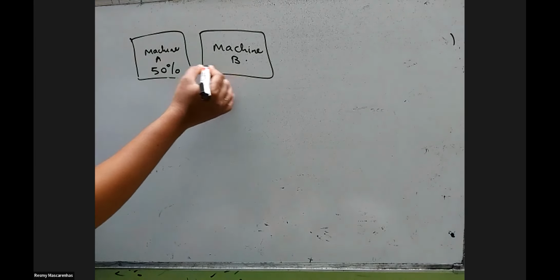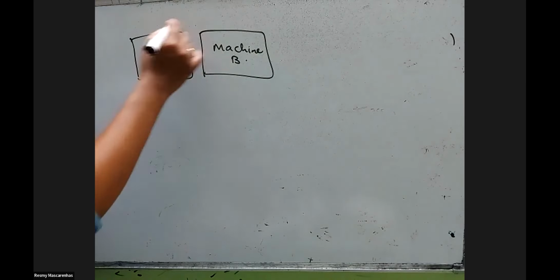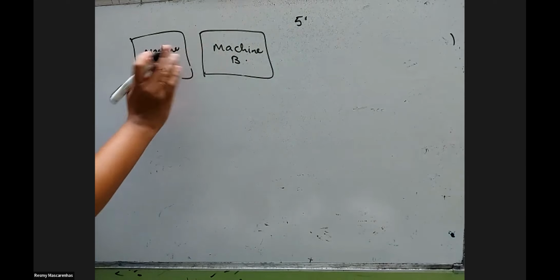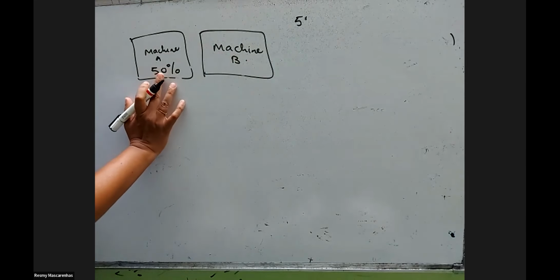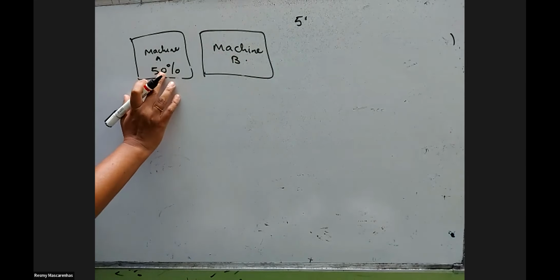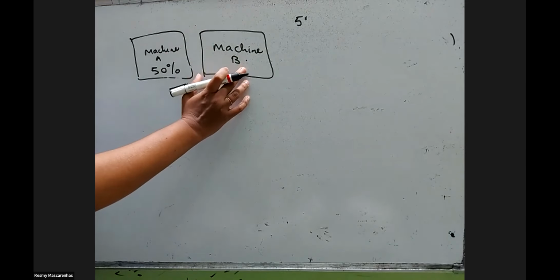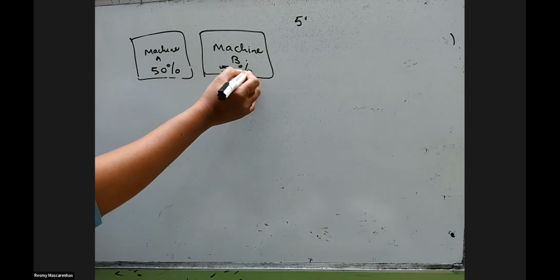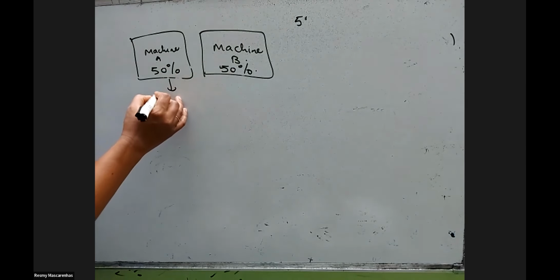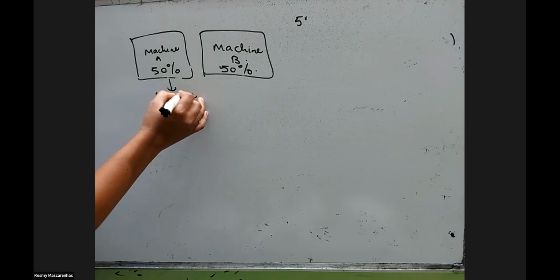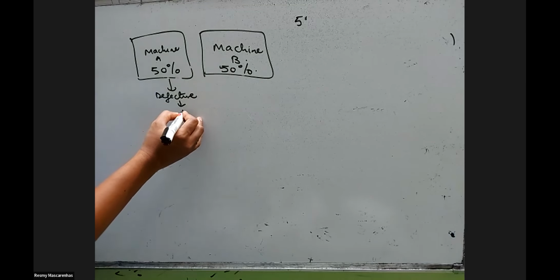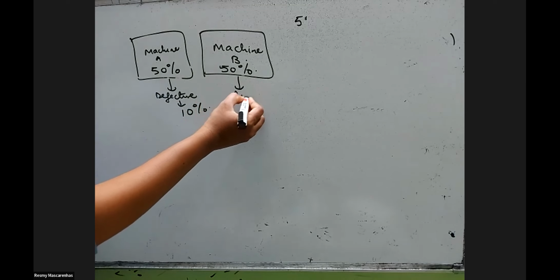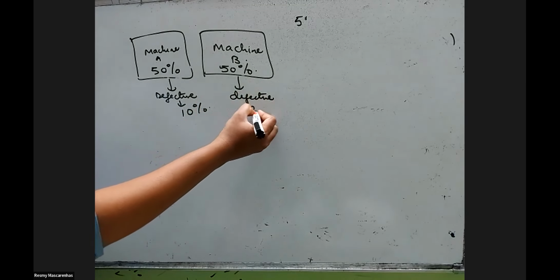Even if not given, you should know, because the total will always be 100%. All the toys produced by both machines will be 100. So if they had given 30% for machine A, then the remaining 70 would be produced by machine B. So this is also 50%. And defective, they have told this one produces 10% defective, and machine B produces 20% defective items.